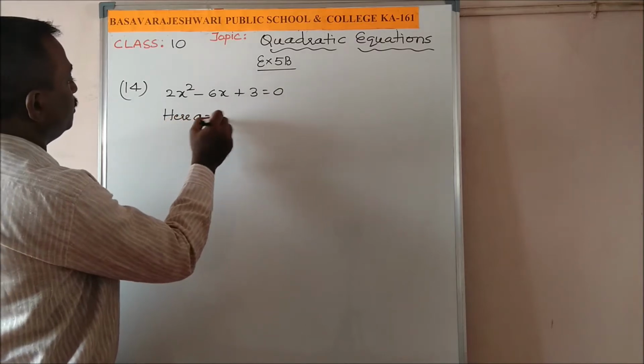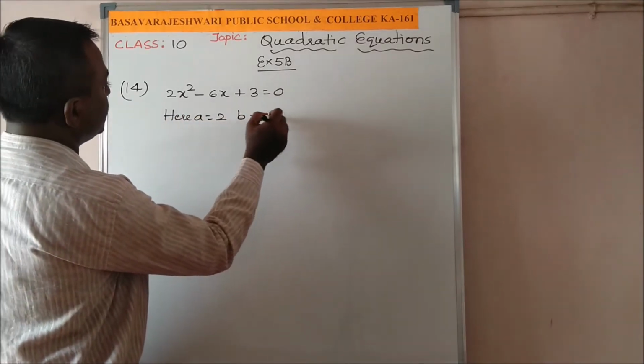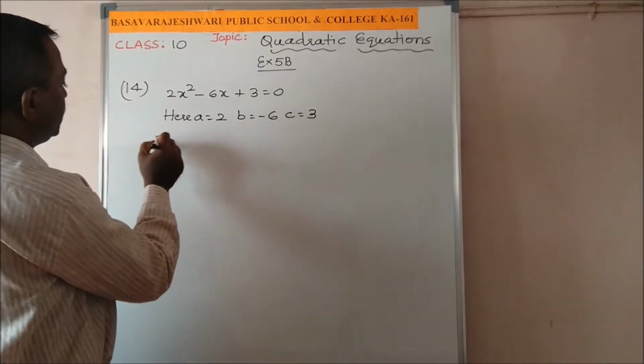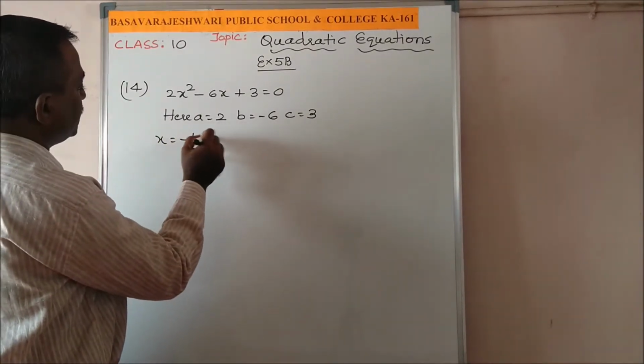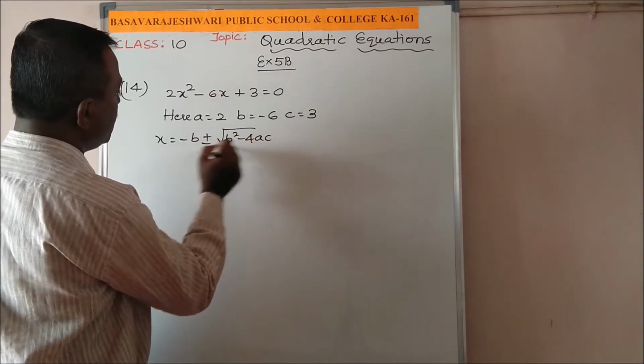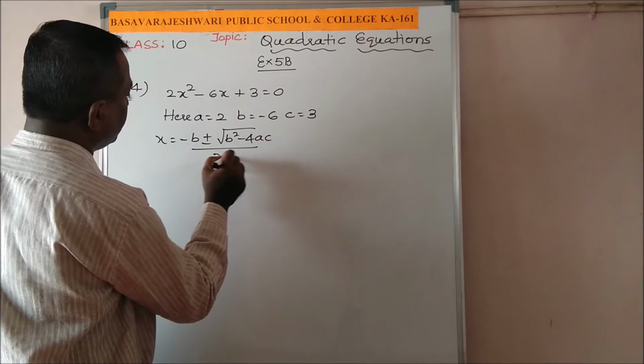So here a is equal to 2, b is equal to minus 6, c is equal to 3. So what is the formula? x is equal to minus b plus or minus root of b square minus 4ac by 2a.